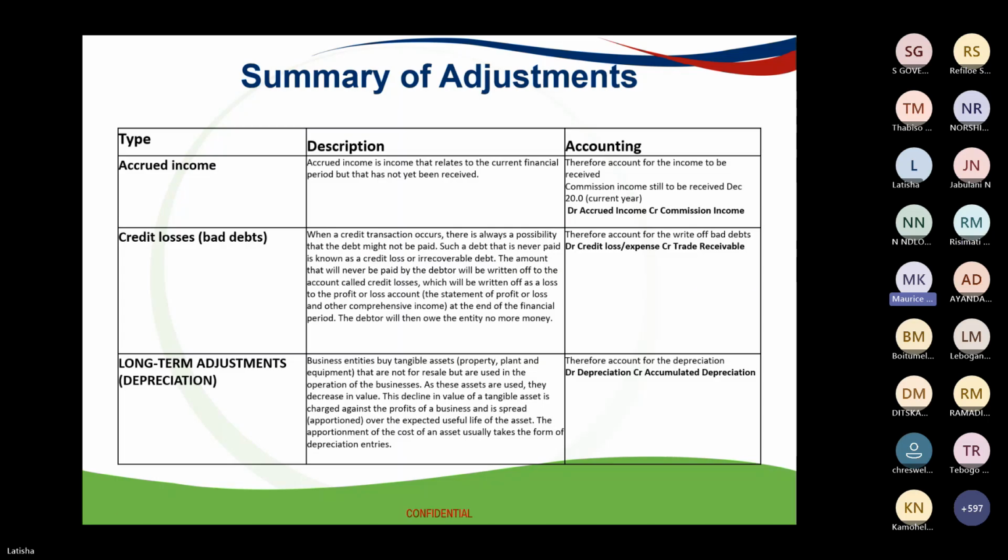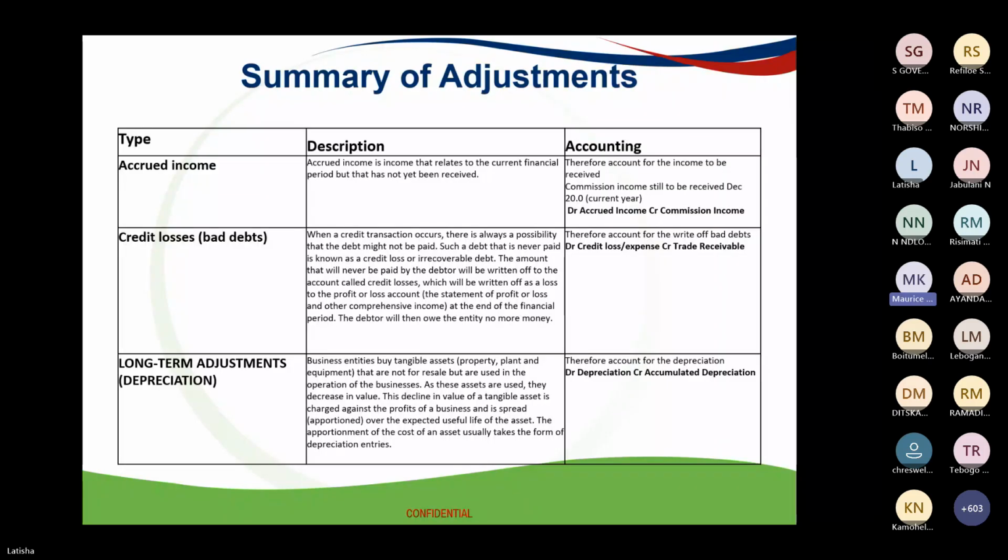So in this particular case, we have an income that has not been paid by the end of the month, but we have to account for it. So therefore what we do is we credit the income and debit the accrued income.